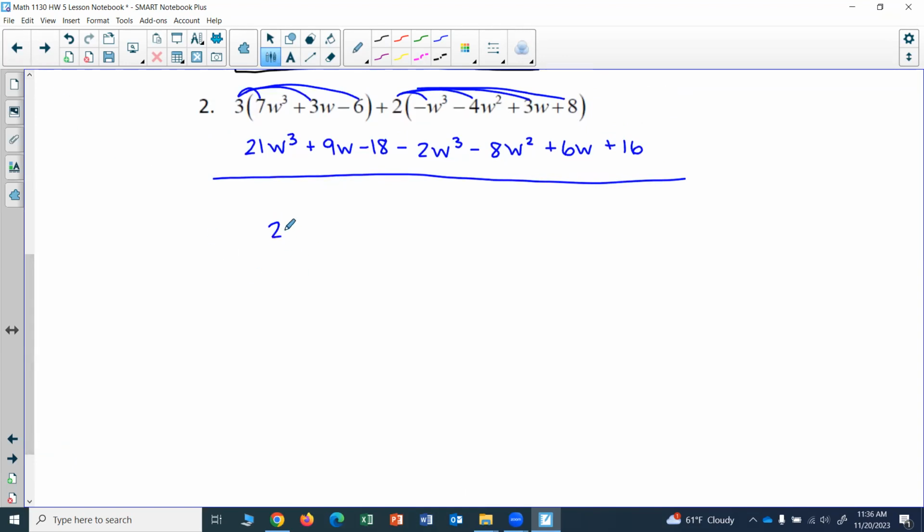So I have my 21w cubed. I look for any other cube terms. I have minus 2w cubed. So underneath that, I'm going to line it up with minus 2w cubed. Now I look at the squared terms. I have a minus 8w squared. I only have the single squared term, so I'm going to not line that up with anything else. I have a plus 9w and a plus 6w.